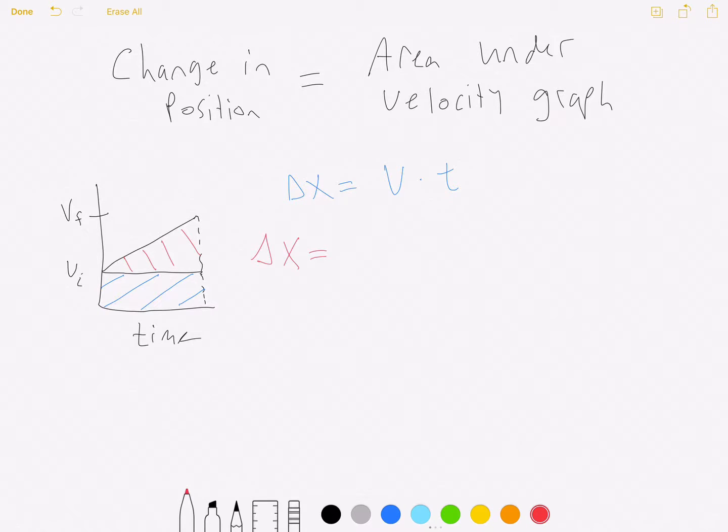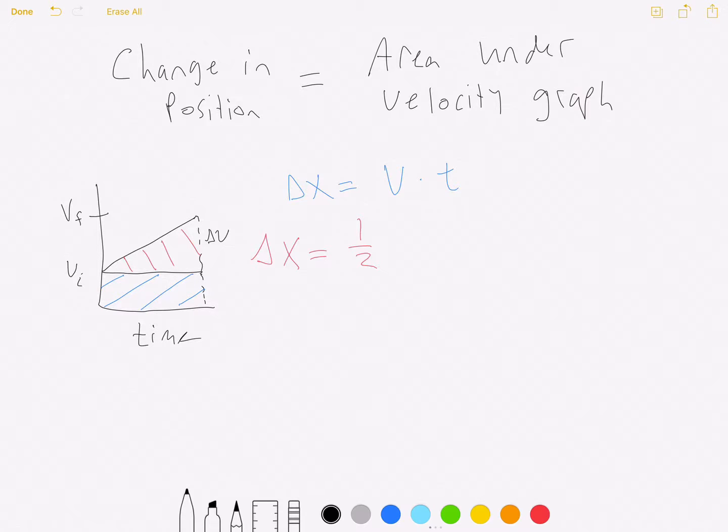So what's the equation of a triangle? 1/2 base times height. So in this case I have 1/2. Base is going to be time, obviously, but the height we need to think about a little bit. The distance between the final velocity and the initial velocity is going to be delta v, right?